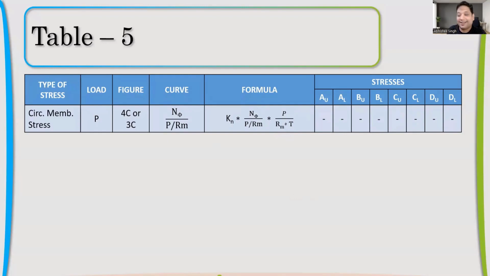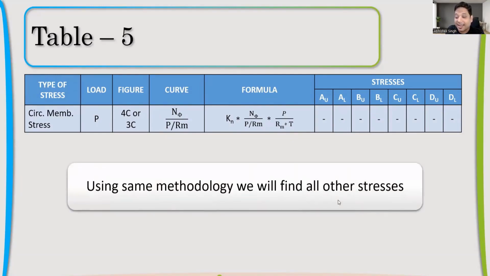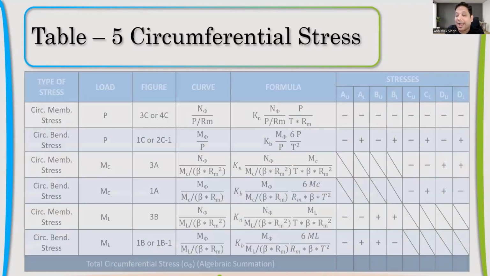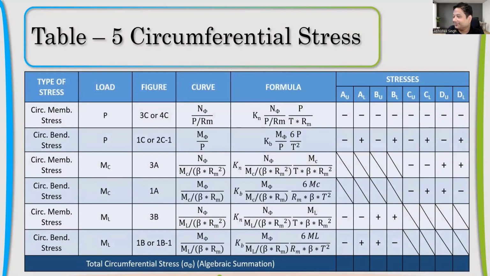Great. So it's not that difficult, guys. If you just make an Excel sheet, it will be easy. Now, this is not all. What we did was only calculate a value for the P load, radial or axial, whatever you call it, and only the circumferential membrane. The same philosophy we have to follow to get all these values.